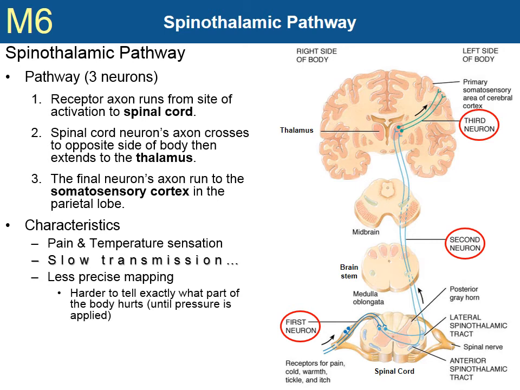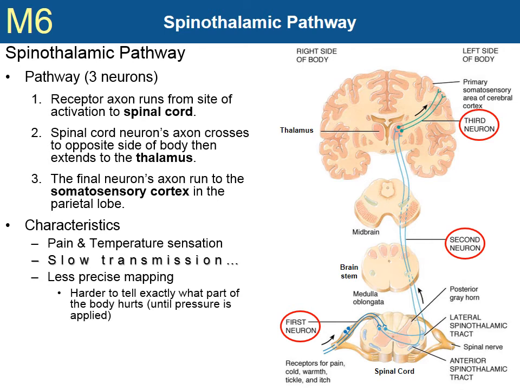The mapping also to the primary cortex is less precise, which is why it's a little harder to tell exactly which part of the body hurts. Right? You might feel that something itches, but you can scratch around in different places, and that can help to soothe the itch.